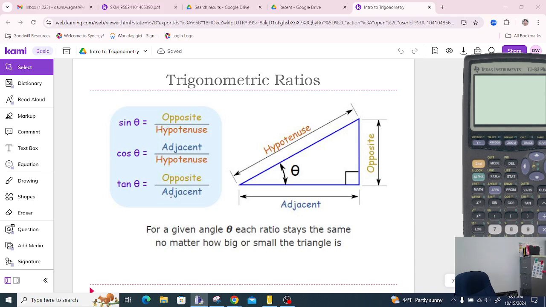When I'm talking about opposite and adjacent, it's always in reference to the angle that they're referencing.